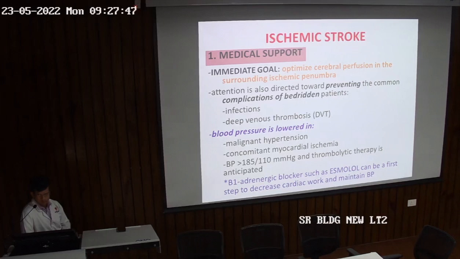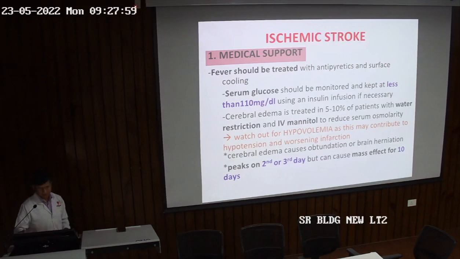It should not be reduced very rapidly, because if we reduce the blood pressure rapidly, the part surrounding the cerebral infarction may get damaged. If the patient is having fever, it should be treated with antipyretics and surface cooling. We have to focus on the blood glucose.